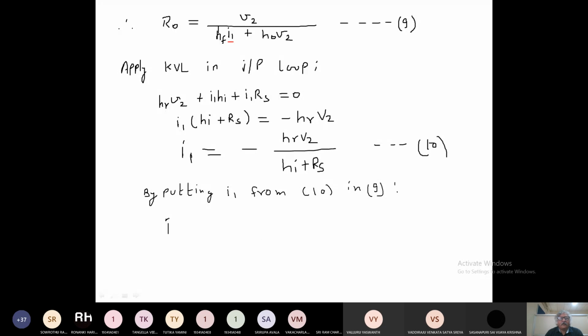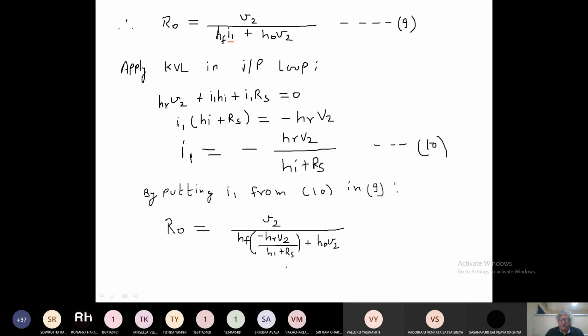So we got R naught is equal to V2 divided by HF, and within bracket I will write this value of I1, minus HR V2 divided by (HI plus RS), plus H naught V2.